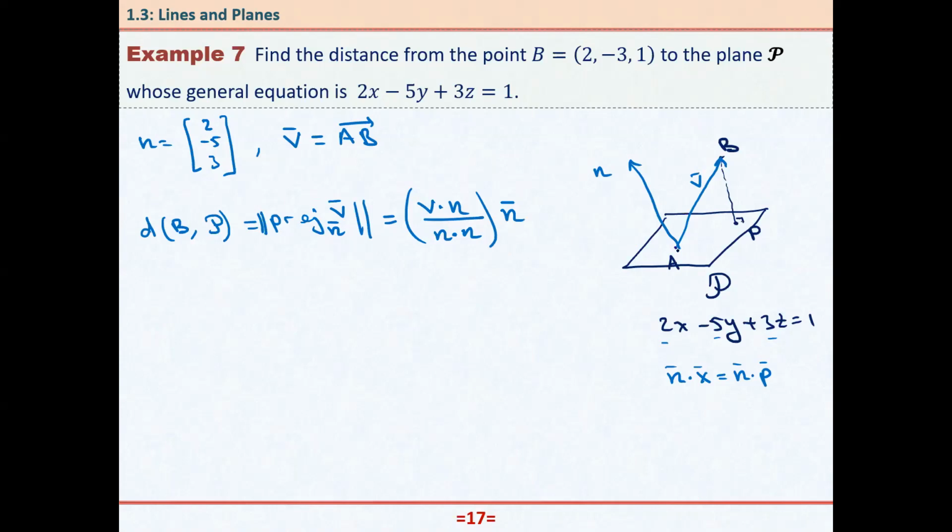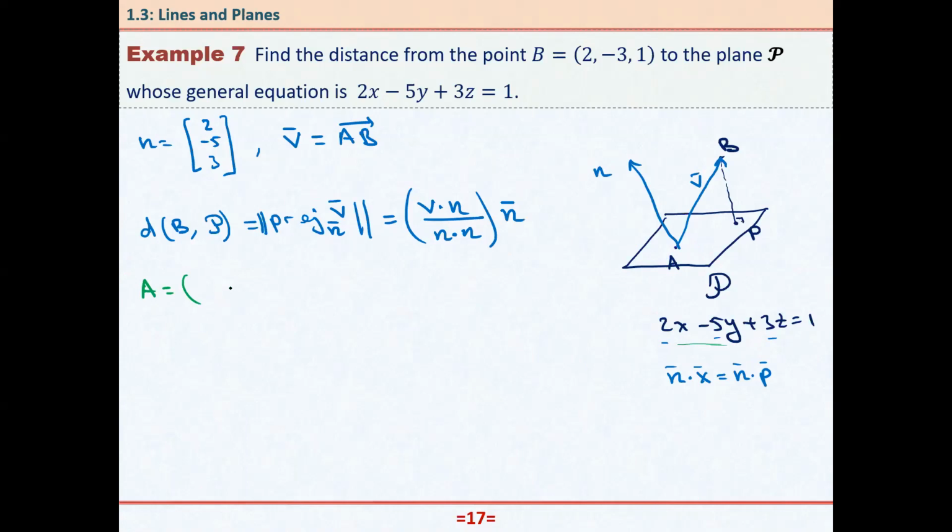I can just take any point on the plane, right? How can I do that? I can choose, let's say, A. What is A? Any point that satisfies this equation, which means it belongs to this plane. The easiest one is, for example, here it is 1.